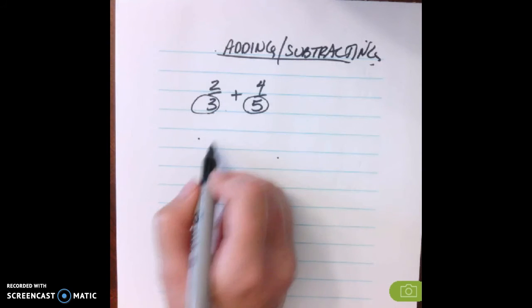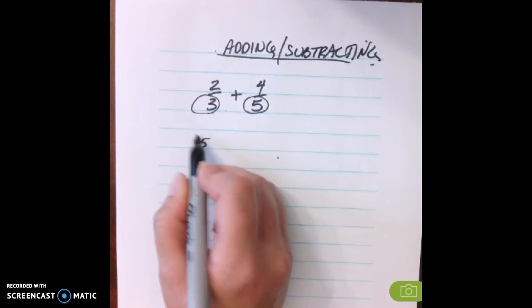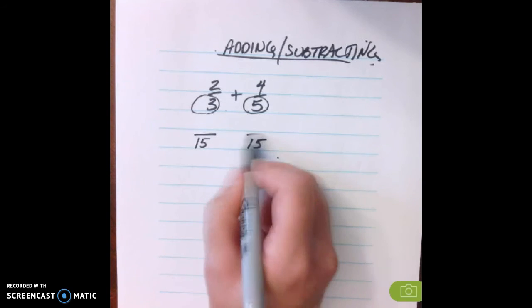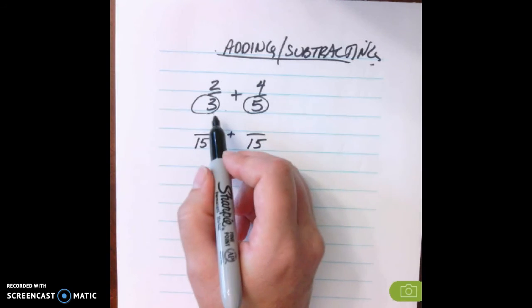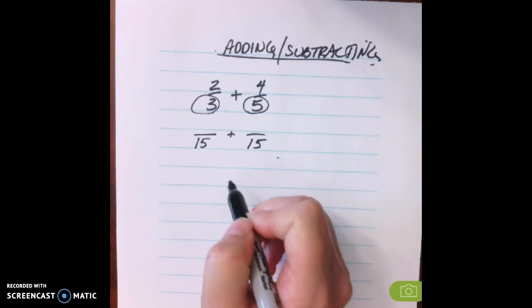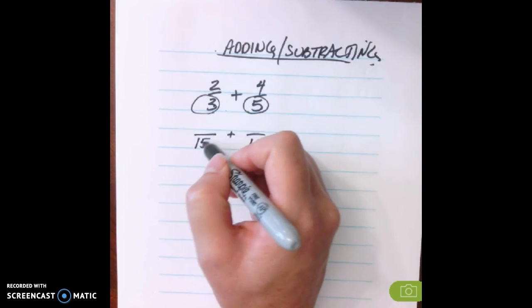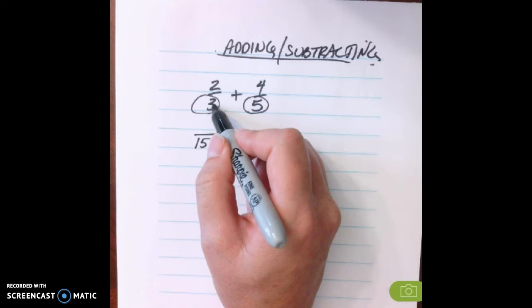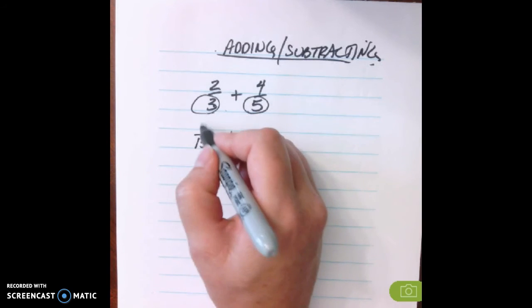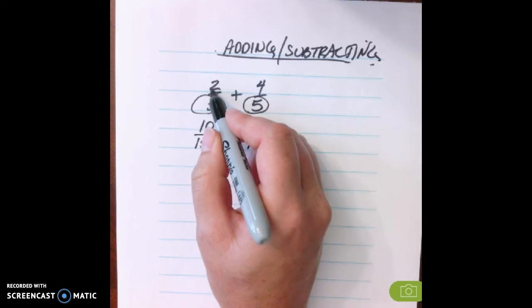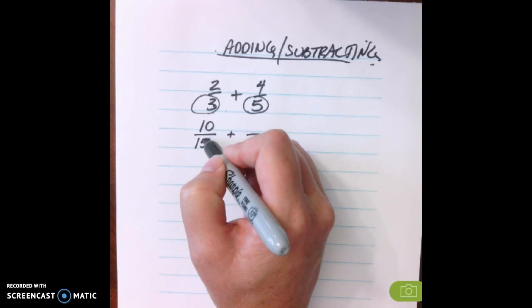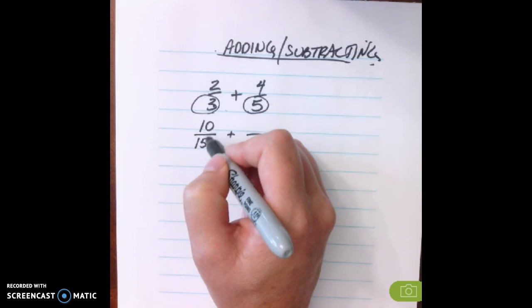In this case, the least common multiple is just multiplying them together. So I can make common denominators using the number 15 because 3 times 5 is 15. Now I say to myself, what did I do to 3 to get to 15? Well, I multiplied 3 by 5, so I have to do the same thing to the numerator because I want this fraction and this fraction to be the same fraction. They're just dressed in different clothes.